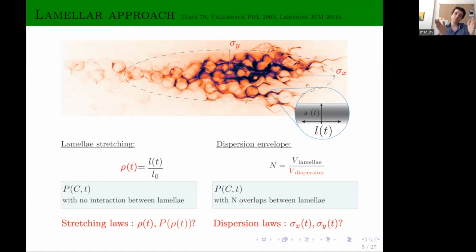Because if you have two lamellae which get extremely close to one another, they may merge, and you have to take this into account to fully characterize the mixing process. So stretching by itself is not enough to characterize mixing, dispersion neither, and you really need to consider both and turn on the effect of molecular diffusion to get a prediction of mixing.